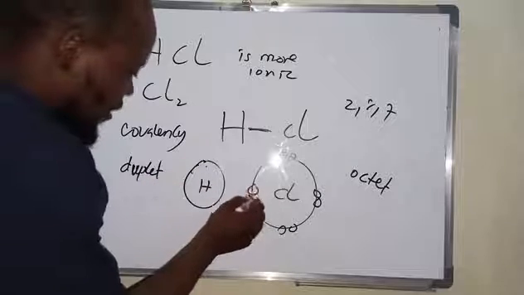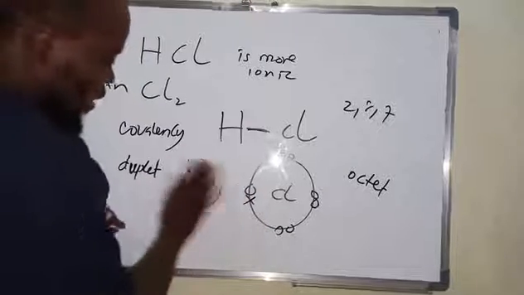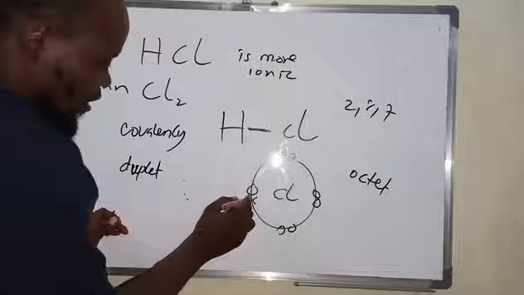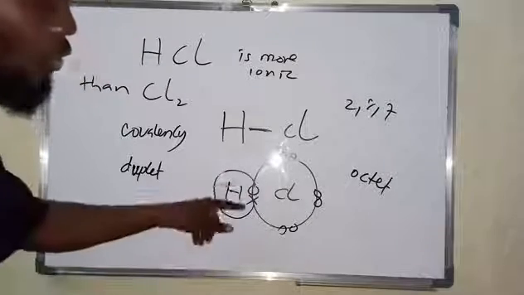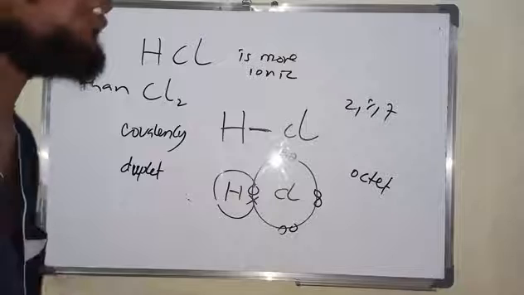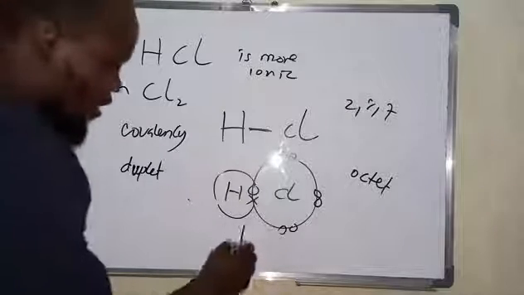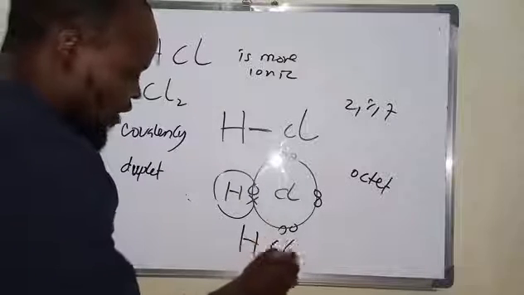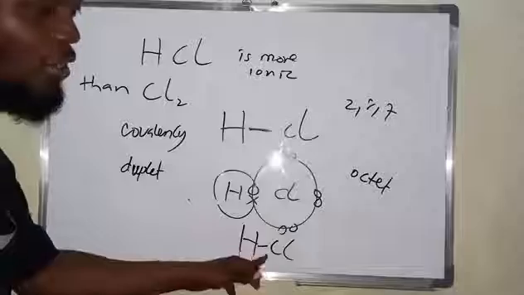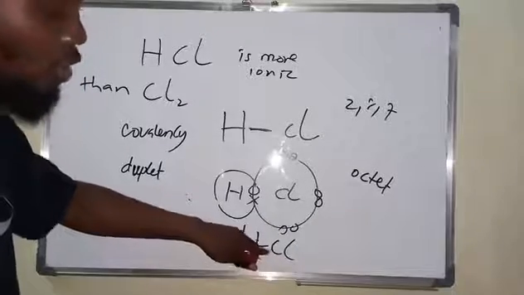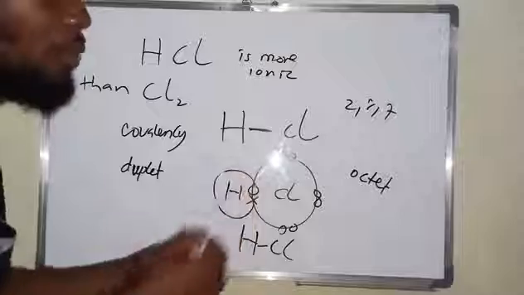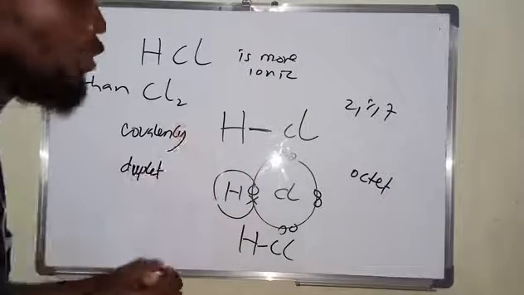Each brings its electron, and they share it instead of transferring. They share it so that you can count 2 for hydrogen and you can count 8 for chlorine. So this results in the formation of HCl. You can see hydrogen single bonds chlorine. This single bond represents a shared pair of electrons.